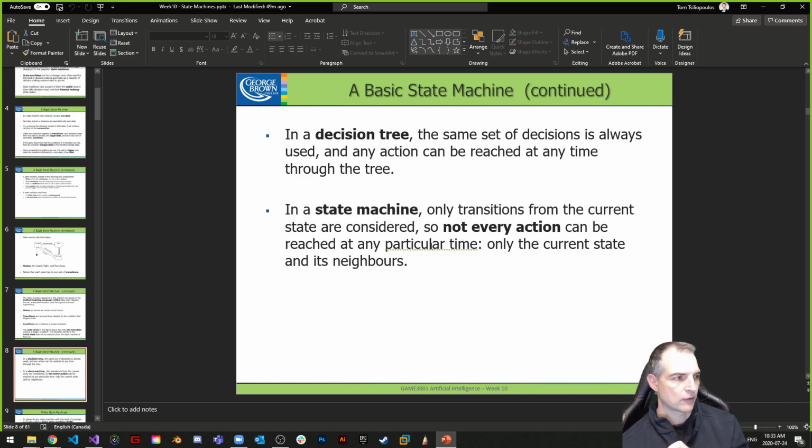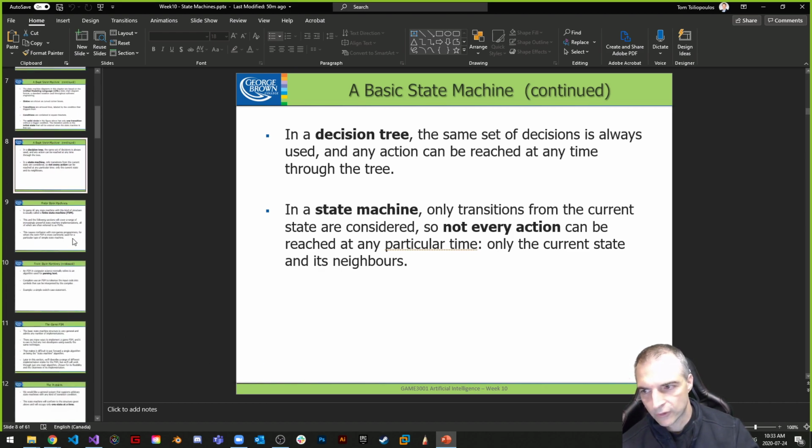It really depends on where you start and what triggers the transition from one state to the next. So a state machine is different than a decision tree. We can convert a decision tree into a state machine, but you can't easily convert a state machine into a decision tree. It's more difficult to go backwards the other way. So, one thing to note.